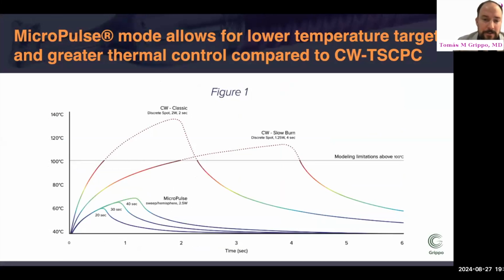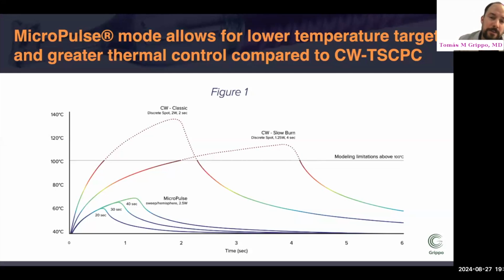On the x-axis, you see the time it takes to reach that temperature. When you look at the first curve, that's for a continuous wave with the classic settings. And you can see that the temperature reached within the ciliary body goes beyond 100 degrees, which causes significant coagulative necrotic damage. That temperature above 100 actually remains that high for 1 or 2 seconds.